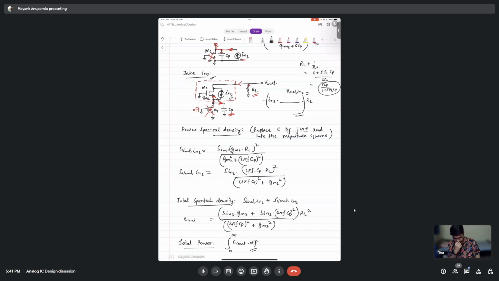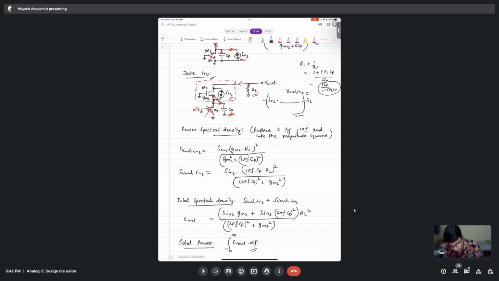In that case, the current going into the source of MOSFET M2 is GM2 times Vx, so Ix is equal to GM2 times Vx. From that expression we can derive that Vx by Ix is equal to 1 by GM2. Right. So whether the resistor is in series or not, it doesn't matter.